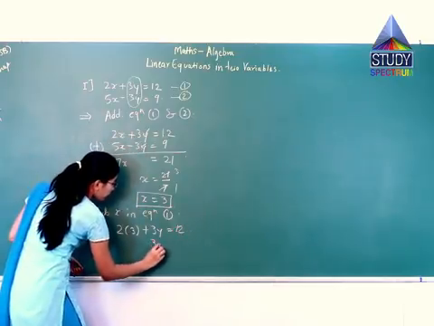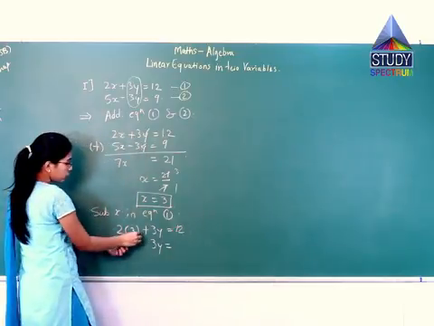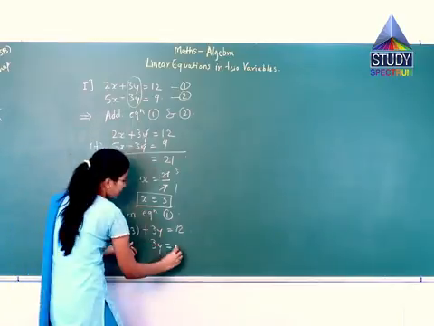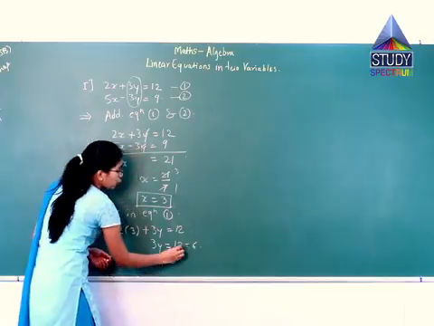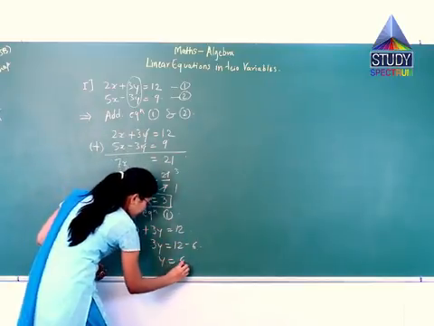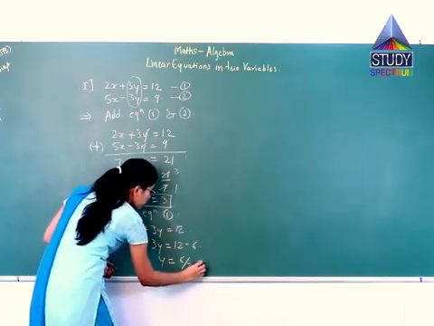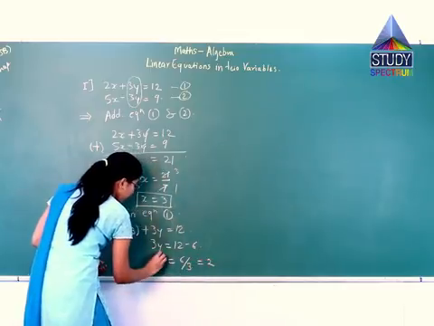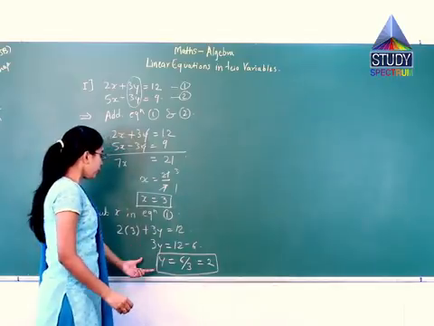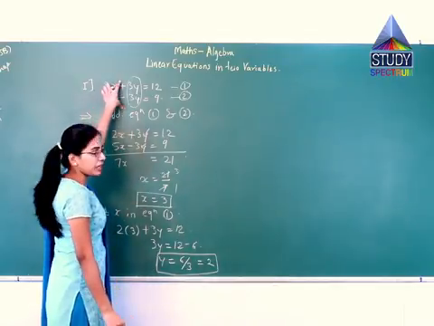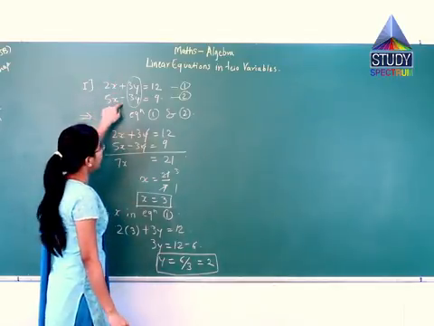So 3y is equal to 12 minus 6, where 6 will be subtracted from 12. So y will be 6 upon 3, so 2. So you can see we did subtraction because the signs are different here.